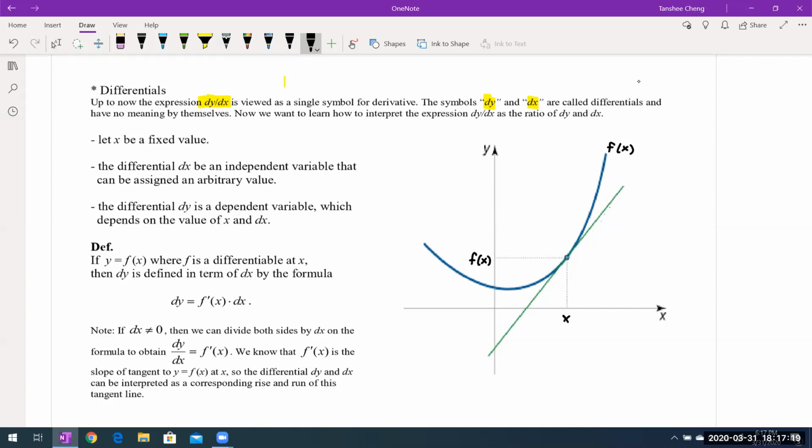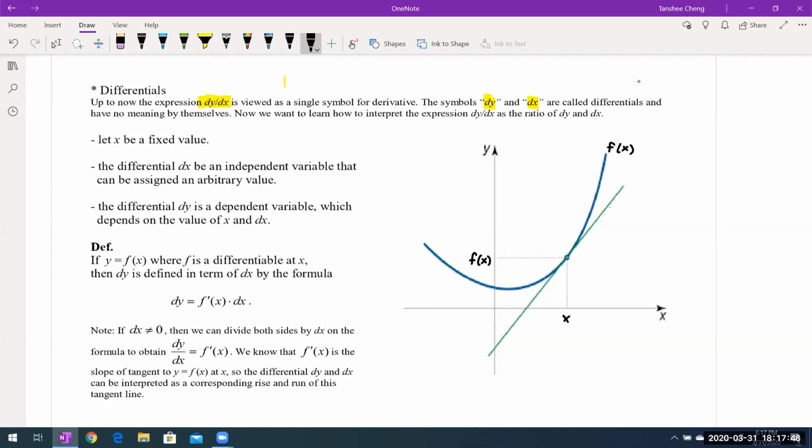So what happened is this dy and dx are called the differentials. The differential of x becomes the independent variable, which can be assigned an arbitrary value, and the differential of y becomes a dependent variable, which depends on the value of x and dx.